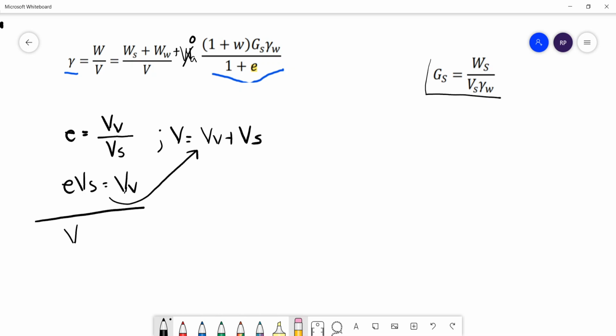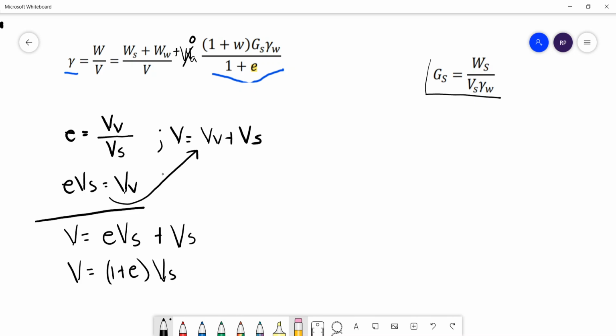So the total volume of your soil mass is equal to, substituting the value of your volume of voids here, e Vs plus Vs. So we would have the total volume of soil mass equal to 1 plus e, times Vs. Inabas ko lang yung Vs sa equation.